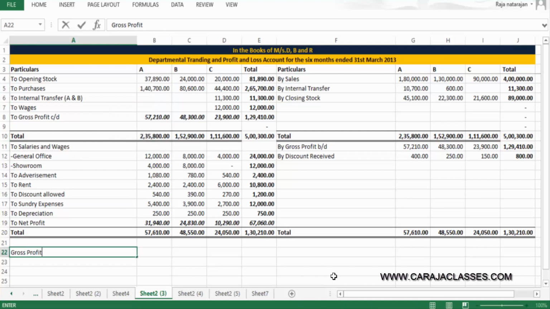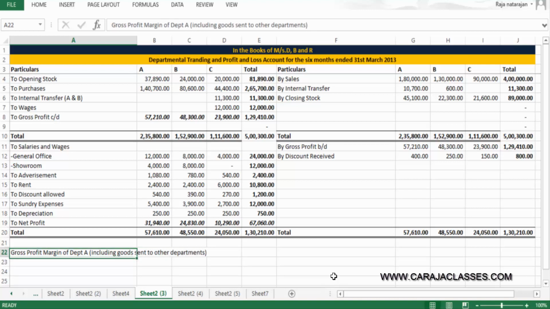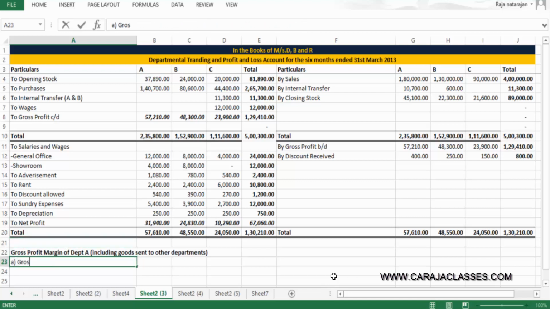So let me put it here, gross profit margin of Department A, including goods sent to other departments, because that's where we have the issue, right? So let me write this first. Item A, their gross profit. What is your gross profit? It is 57,210. Now this got to be compared with the say revenue for Department A.